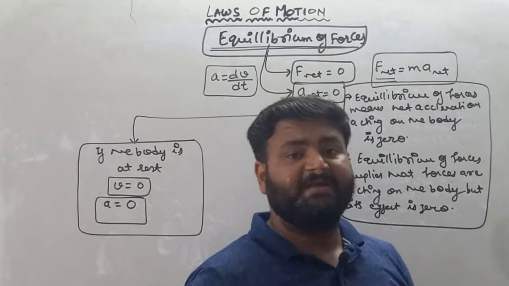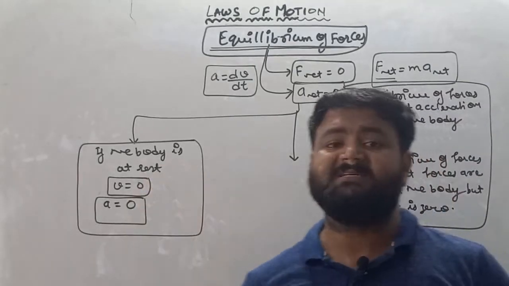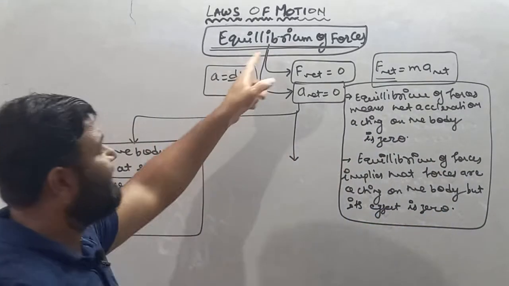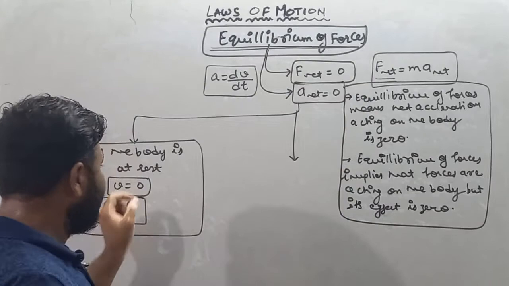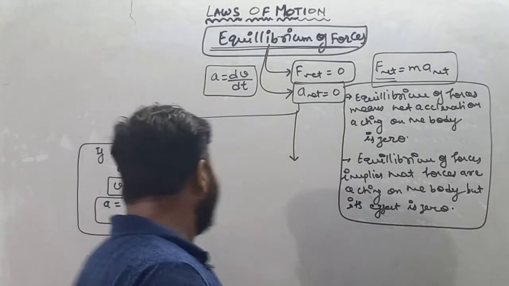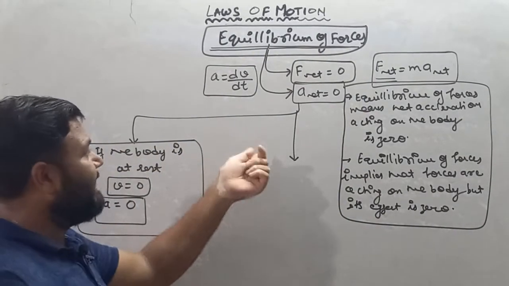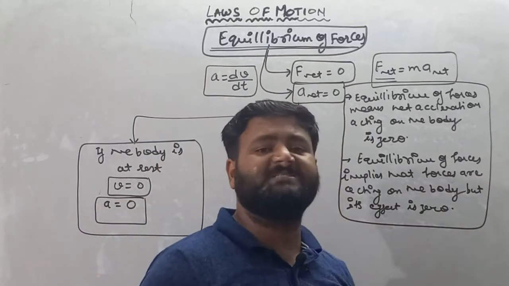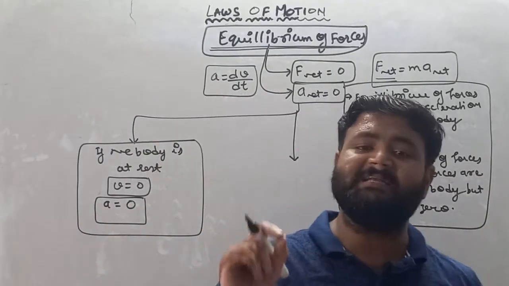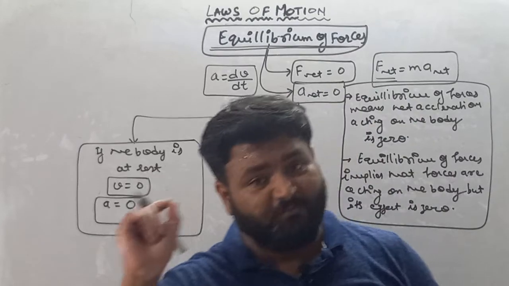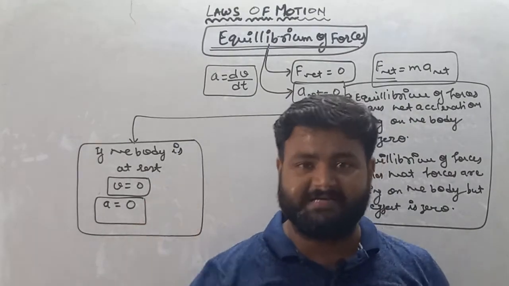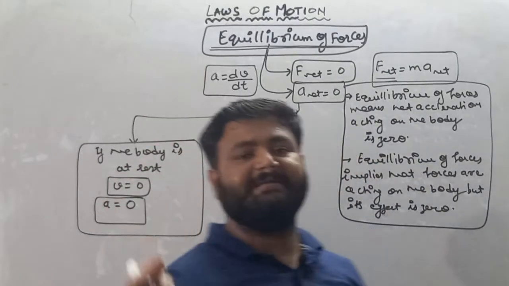So we'll say if the body is at rest, then the body is in equilibrium, or we can say if the body is at rest, then net acceleration is 0. Hence we'll say the forces acting on the body are in equilibrium condition, that is, forces are acting but their magnitudes are equal and opposite in direction.